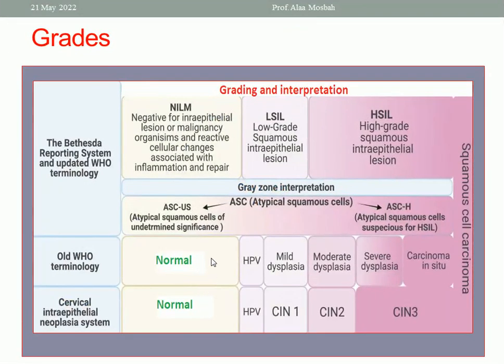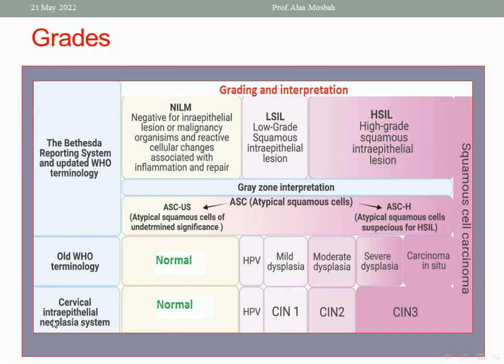According to different methods of grading and interpretation, the old WHO terminology was normal for healthy cervical epithelium, or human papillomavirus infection, or mild dysplasia, or moderate or severe dysplasia, or carcinoma in situ.